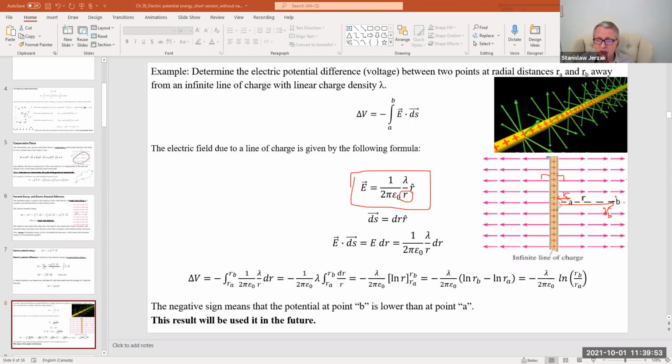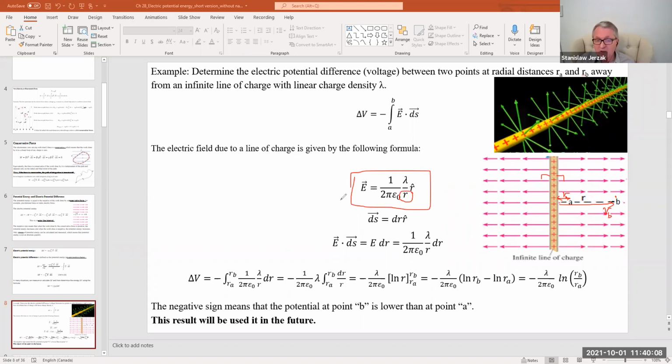What is the potential difference between any two points A and B in the electric field produced by a line of charge? Let's say it is a very long charged wire.